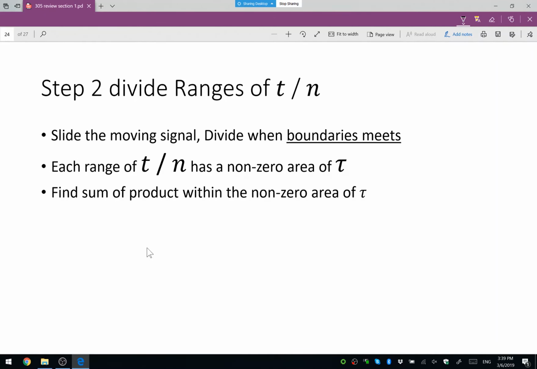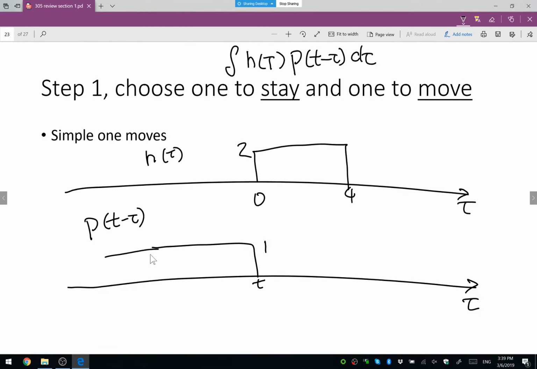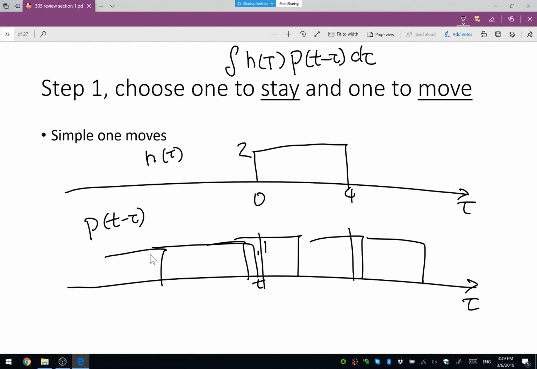We are going to slide this moving one, from here to here, to here. And from here I will divide one range, and from here another range. By what? By when we see any boundary meet. This is a little bit abstract. I'm sorry about my language.